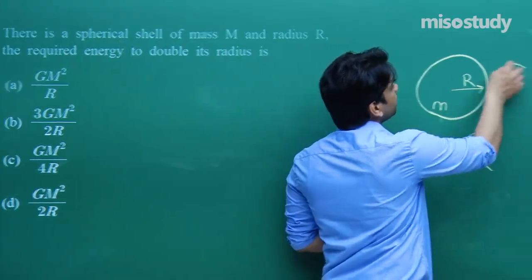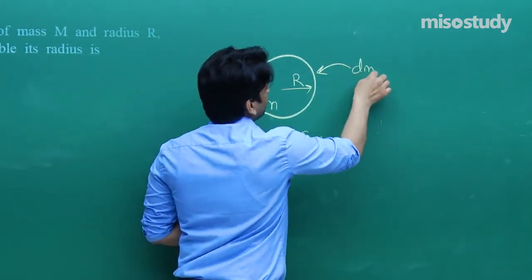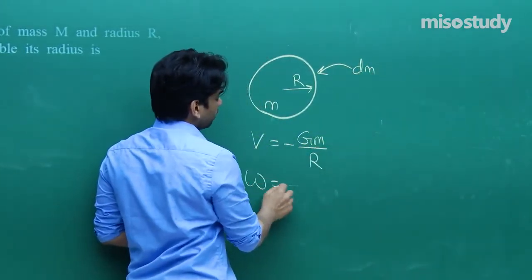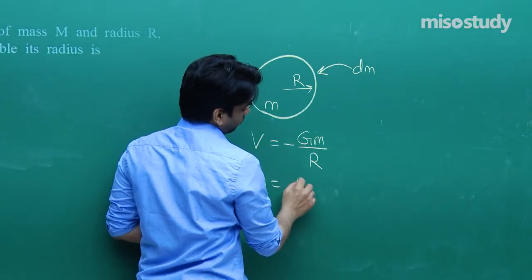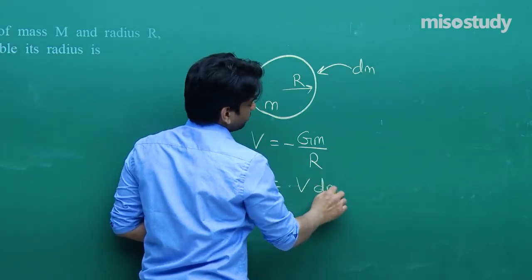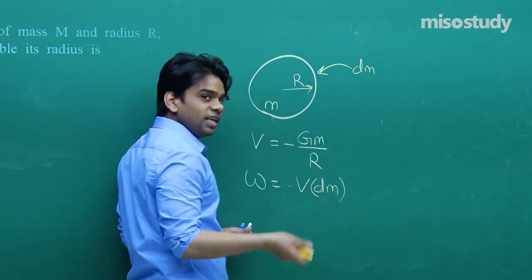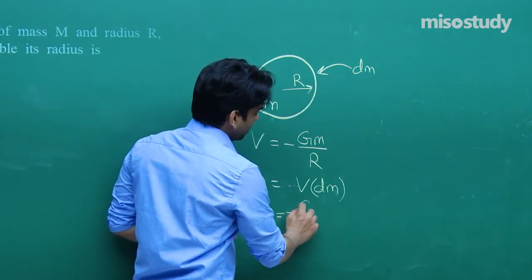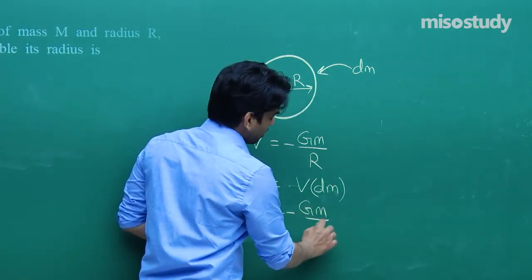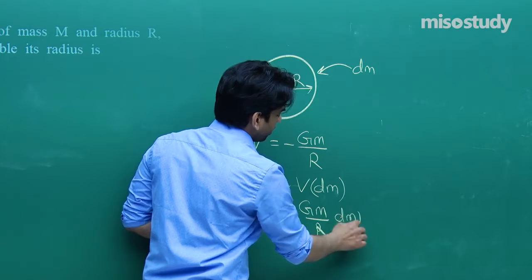Now if a mass dm is added, what will the work done be? Work done will be equal to V into dm, we know that. So easily you can write the formula: minus Gm by r into dm.